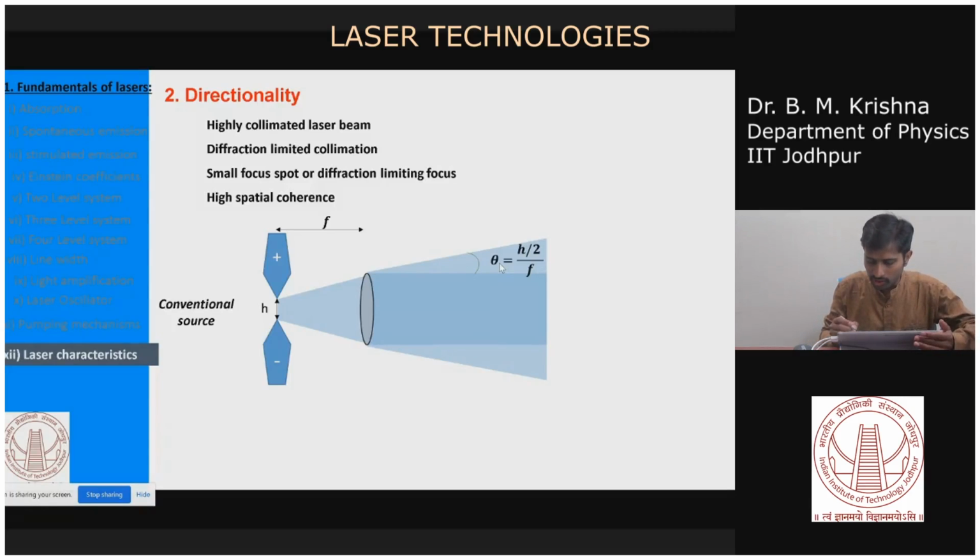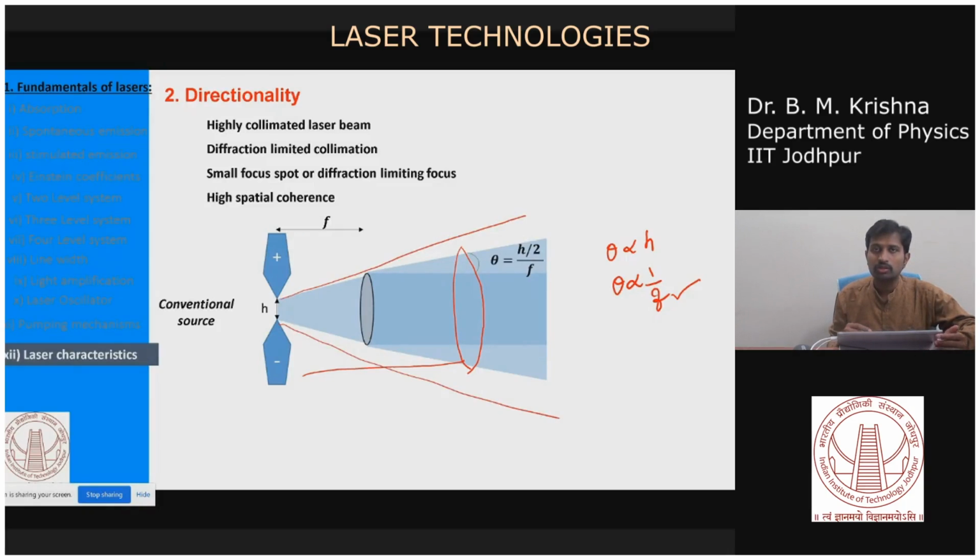Now you see, theta is proportional to h, the height of the source, and theta is inversely proportional to your focal length. For example, now I will increase the focal length. What happens? Now I will shift the lens to this position. Now what happens? This is a divergent beam, this is a diverging beam.